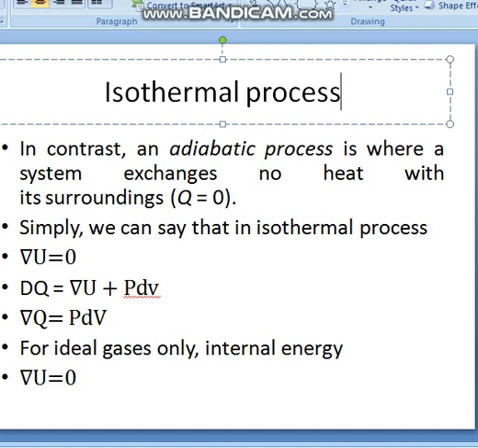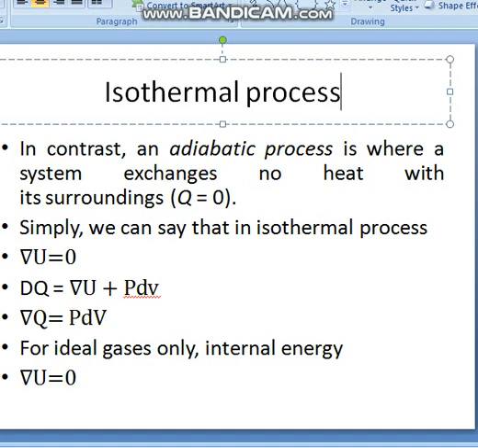Before we go into other discussion, let me make a few things clear. Heat is being absorbed in this process, but in such a way that it is completely utilized in doing the work rather than increasing the temperature or doing something else.